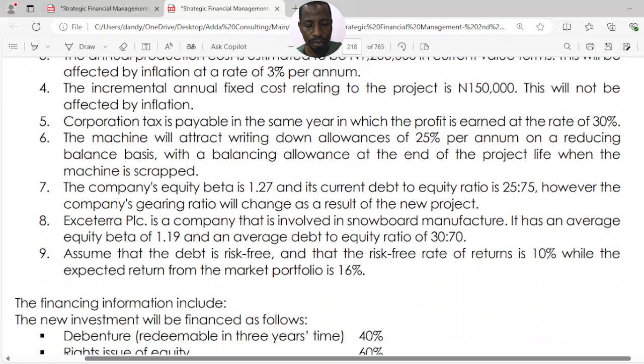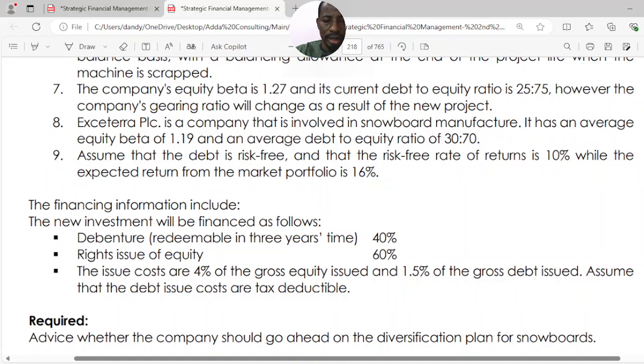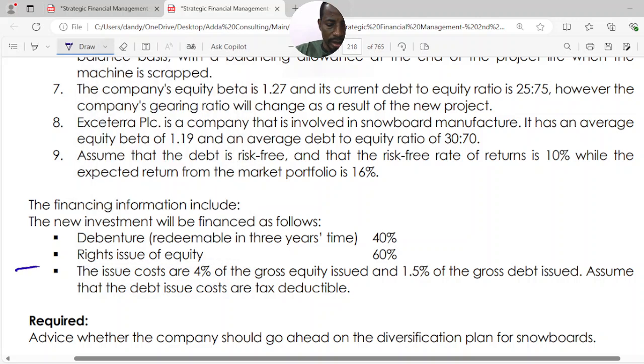Yes, if you look at this paragraph, examiner has told us that there is an issue cost. The issue costs are 4% of the gross equity issued and 1.5% of the gross debt issues. So there is an issue cost.